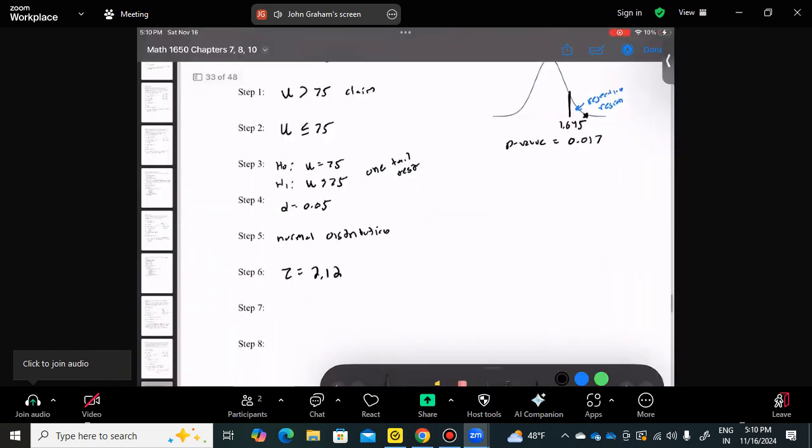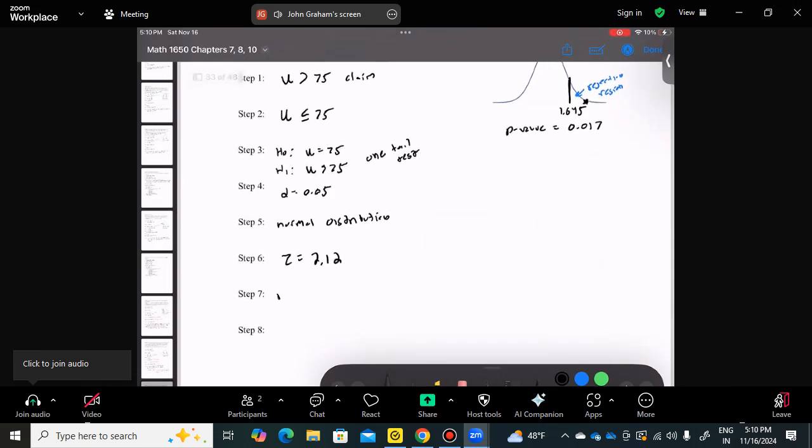So what this means is we reject the null hypothesis. We have evidence that 78 is high enough to say that it is no longer an average of 75, and the training program has helped some.